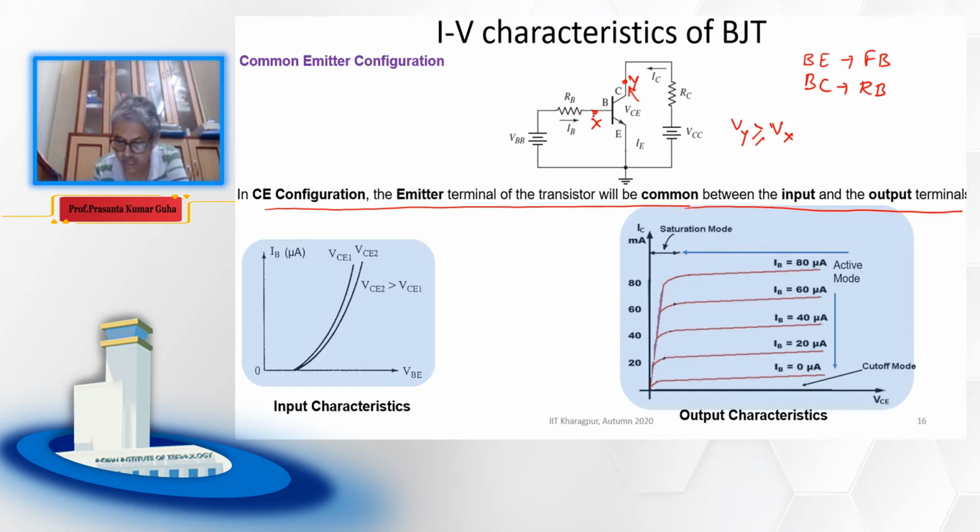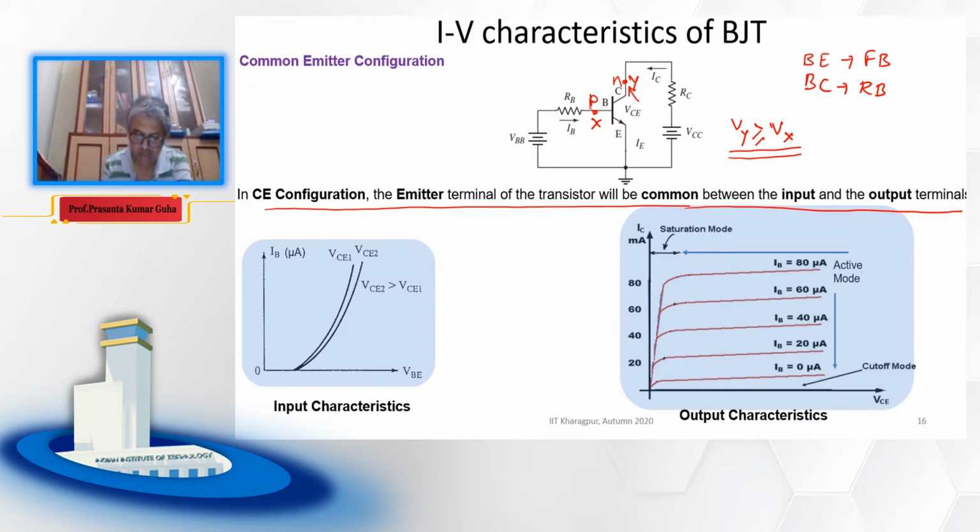If the voltage here is more than the voltage here, then the collector base junction is reverse biased, because this is N and this is P. So N will be connected to a higher voltage compared to P. That way this PN junction, the collector base junction, will be reverse biased if this condition is maintained.